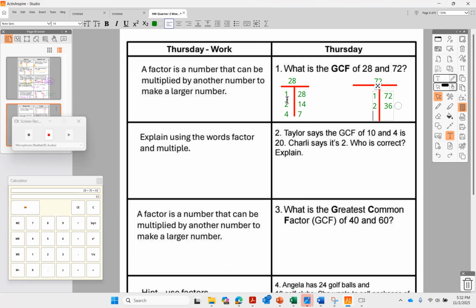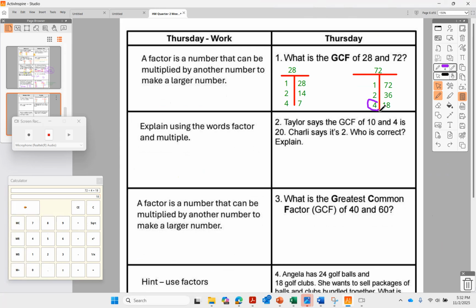So just in the interest of time, I'm going to skip 3 and check out 4. Is 18. And then if I look over here, I know that these have 4 in common. I know that 7 times something is not 72.